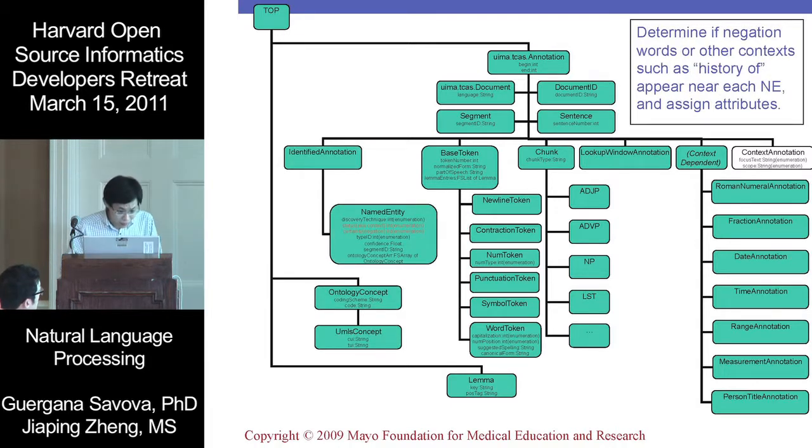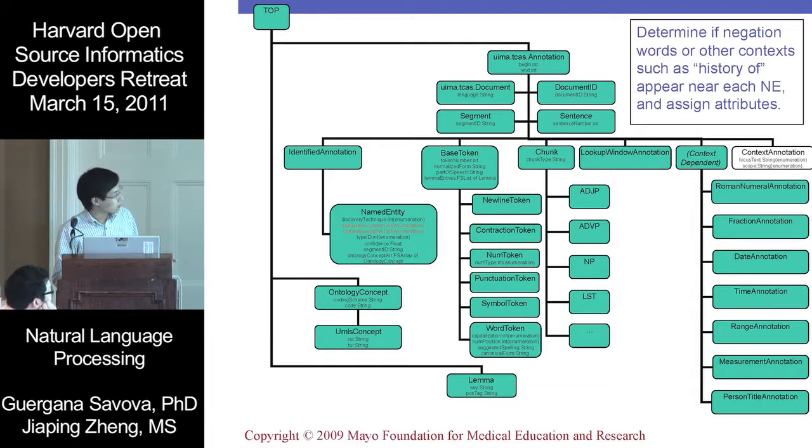There are 2 additional attributes that got highlighted here. One is the status, indicating whether it's a current value or a history of. So the text can say the patient has a history of, and then this status value will get assigned a history value.